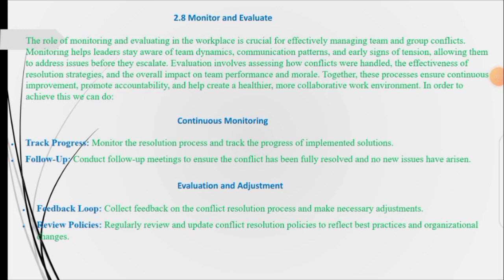So this slide on Monitor and Evaluate is a subtopic of the module number 2. Let's see what's in here. The role of monitoring and evaluating in the workplace is crucial for effectively managing team and group conflicts. Monitoring helps leaders stay aware of team dynamics, communication patterns, and early signs of tension, allowing them to address issues before they escalate.